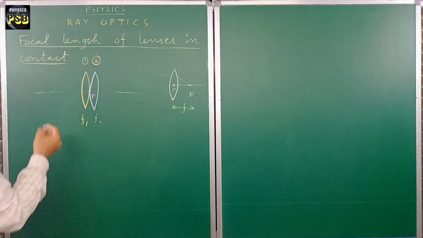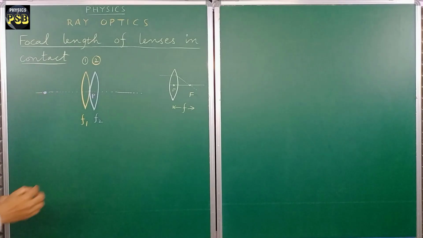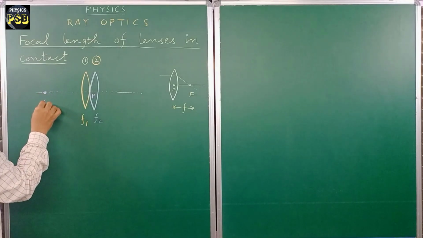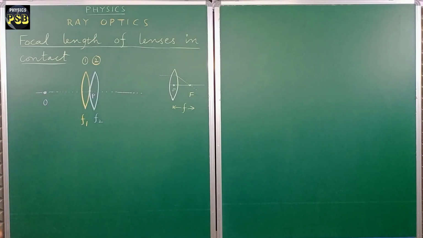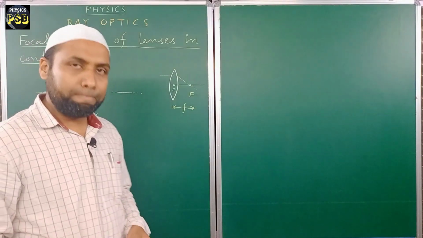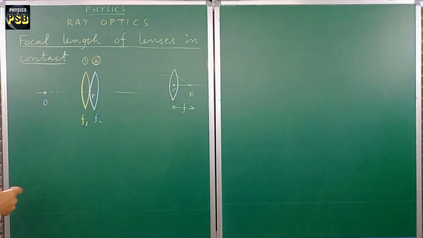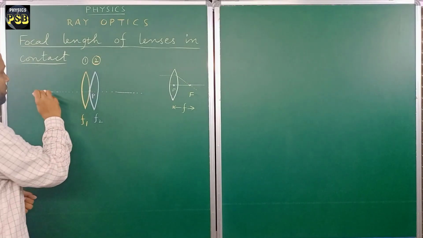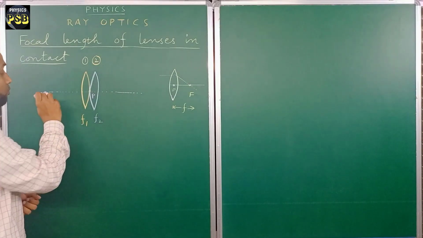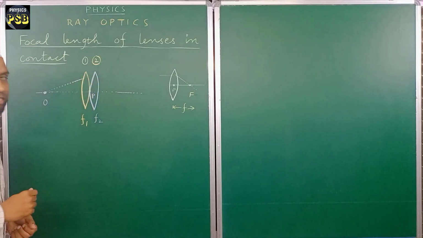Now I take one point on the principal axis. I name this one as object O. So this point which I have taken is nothing but a point object. Now a ray of light from the point object is meant to fall on the first lens.